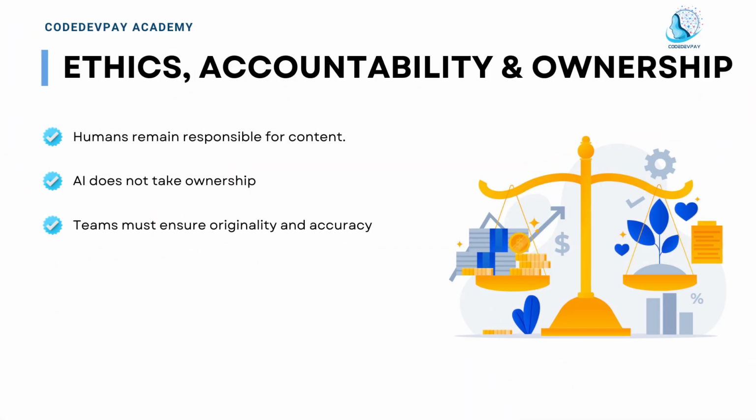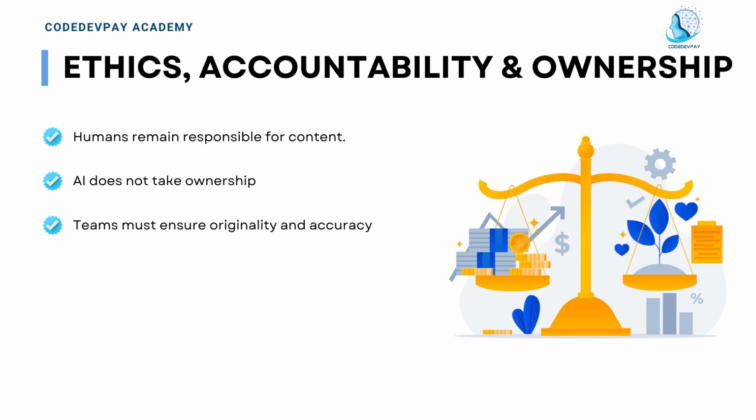Now, what are some ethical considerations that we must make when collaborating with ChatGPT? We have to know that humans, that is, we, are responsible for the content that goes out there. This is because we are the ones prompting the AI or telling the AI what to do and what we need from that AI. So this tells us that AI does not take ownership of the content that we put out there, whether it's generated by it or not.